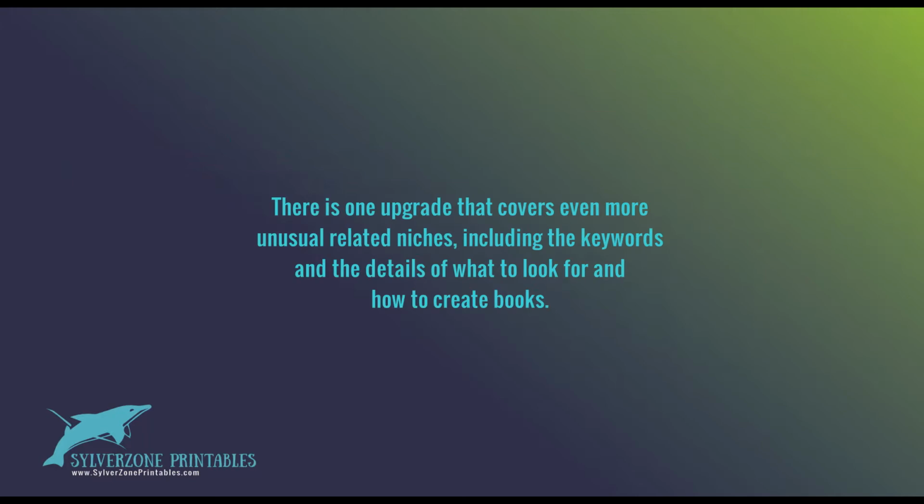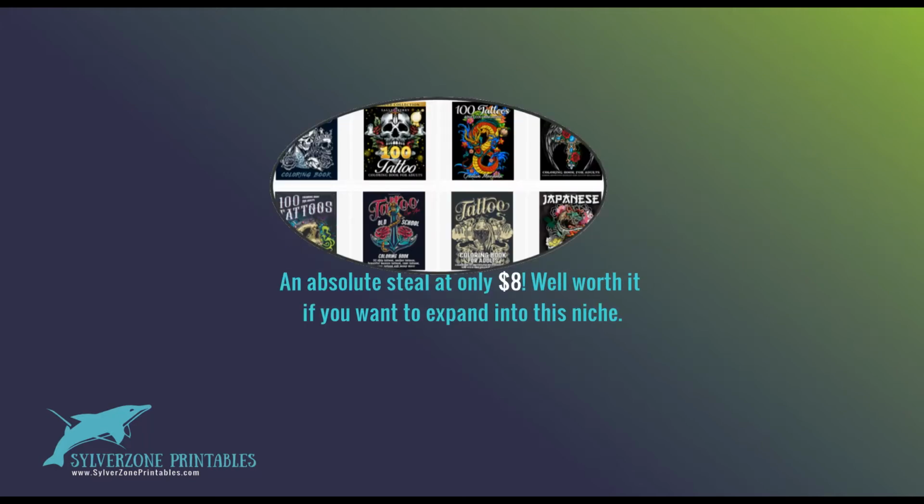There is one upgrade that covers even more unusual related niches, including the keywords and the details of what to look for and how to create the books. An absolute steal at only $8 and well worth it if you want to expand into this niche.